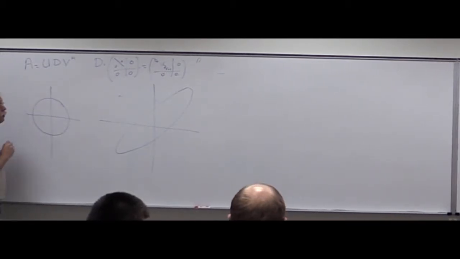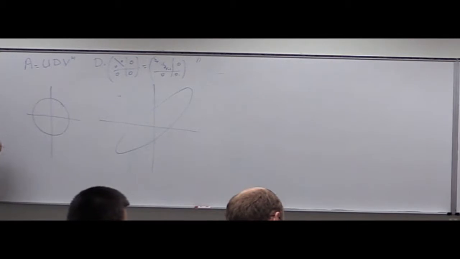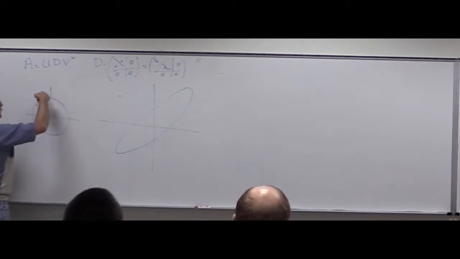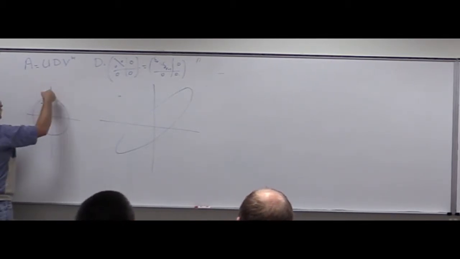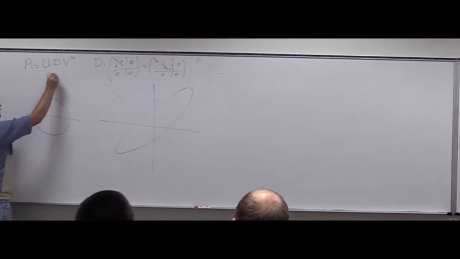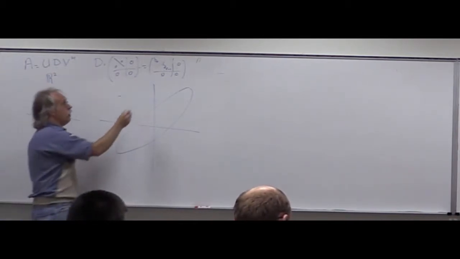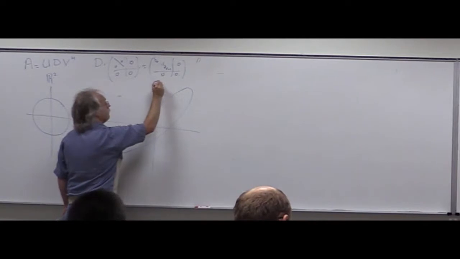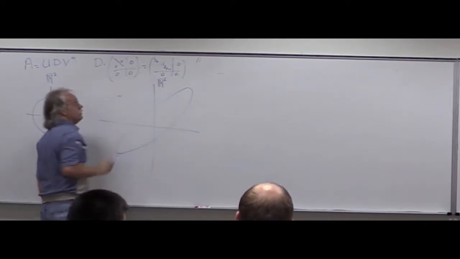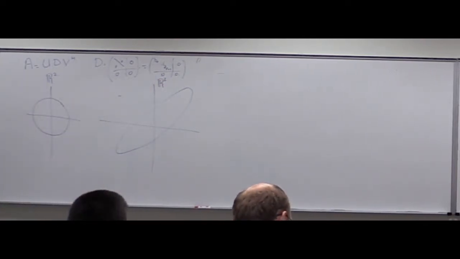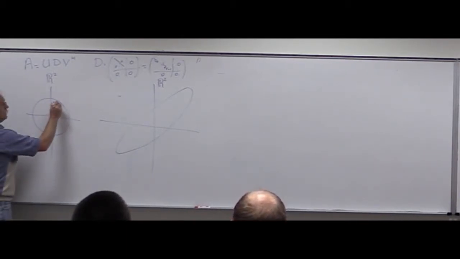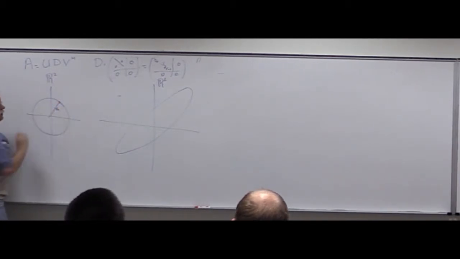Now, this here, in this case, is R2, but of course in general would be Rn, and this here is R2, in general would be Rn. And the important thing is that there is some vector V0 here that gets transformed.